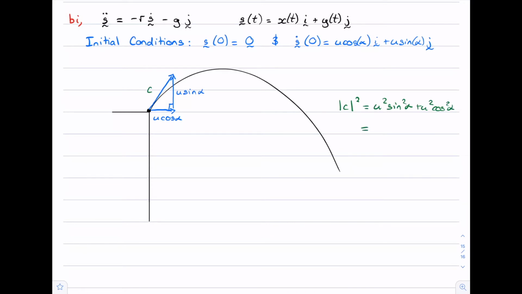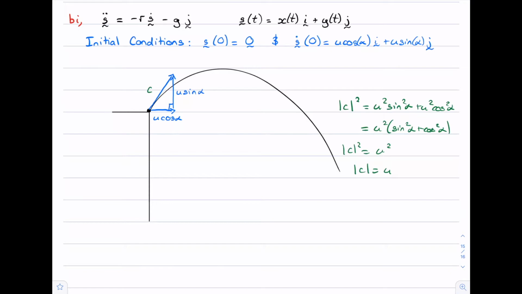If I factor out the u squared, I get u squared times sine squared alpha plus cos squared alpha. Of course, sine squared plus cos squared is 1, and so u squared is equal to the length of this vector. Taking the square root gives us u. We take the positive value because we're just thinking about the magnitude.